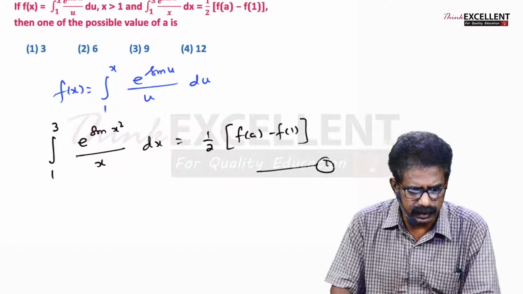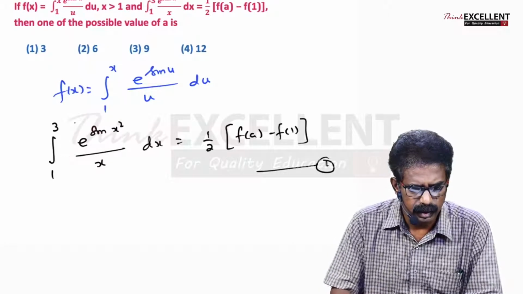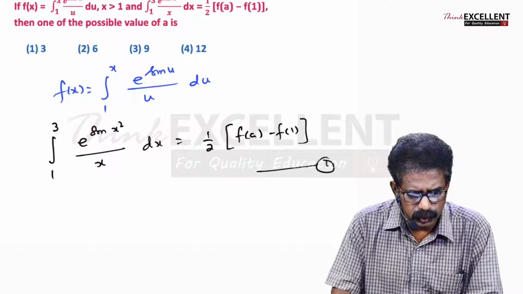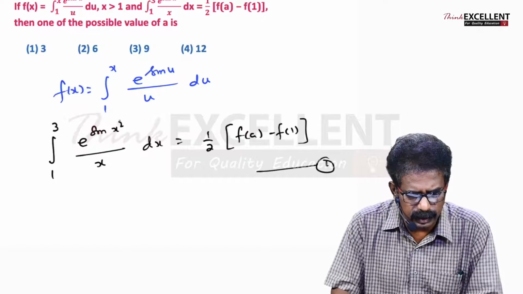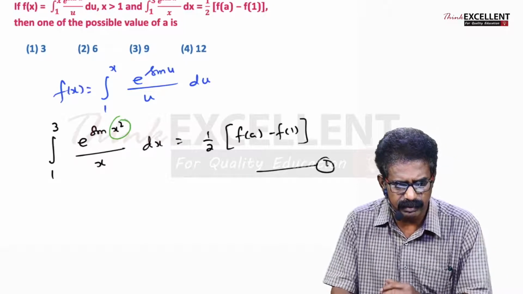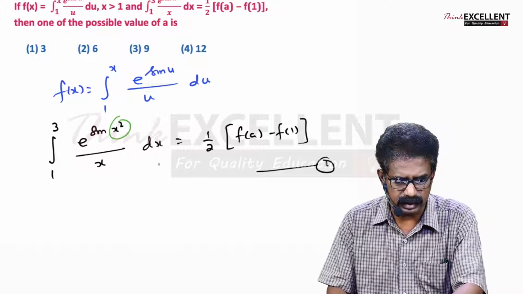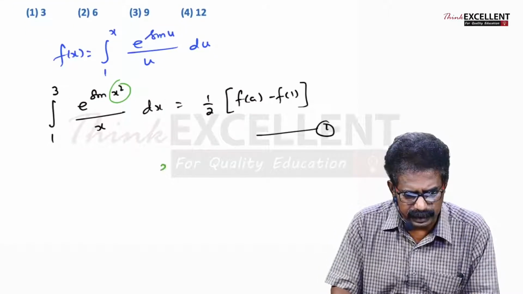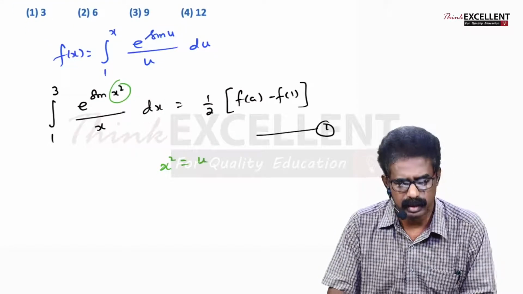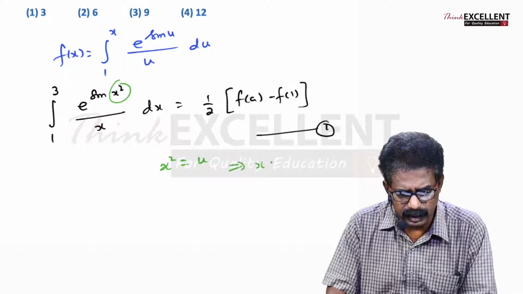Now please listen here, we try to simplify this. So you compare these two, here e raised to sin u, here e raised to sin x square. Instead of u we have x square. So we are giving a substitution, let x square is equal to u. Then what is x value? X is equal to root u.